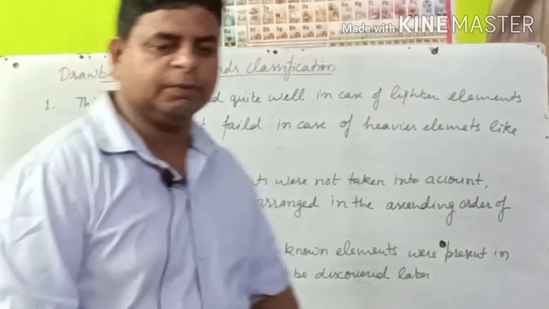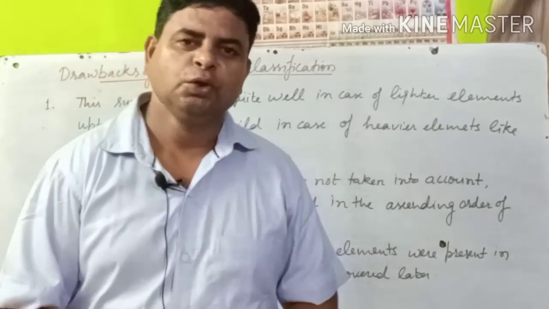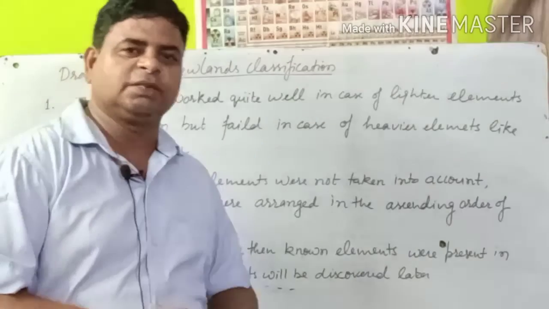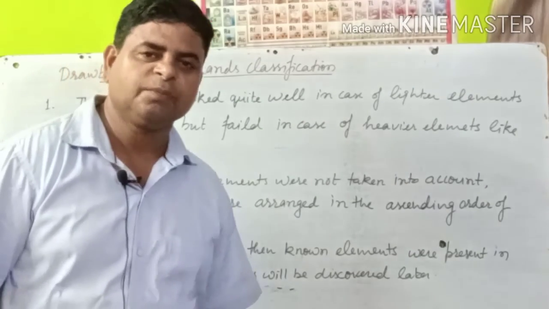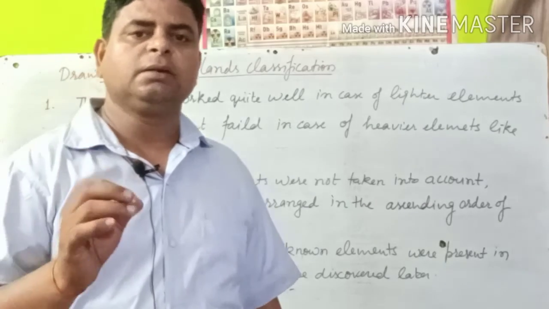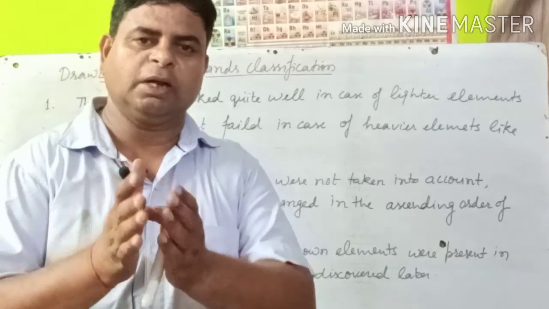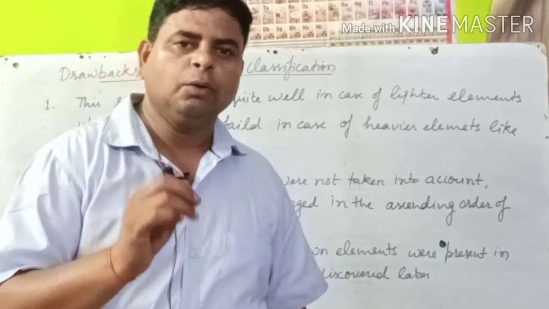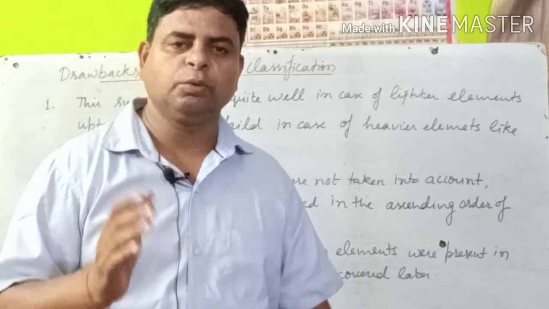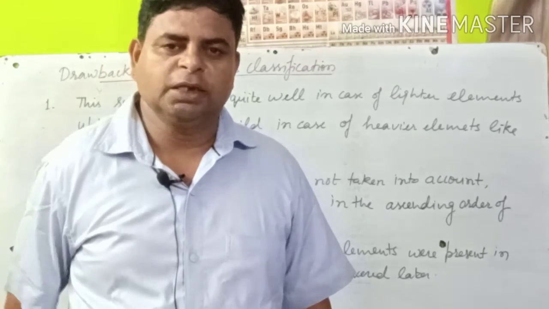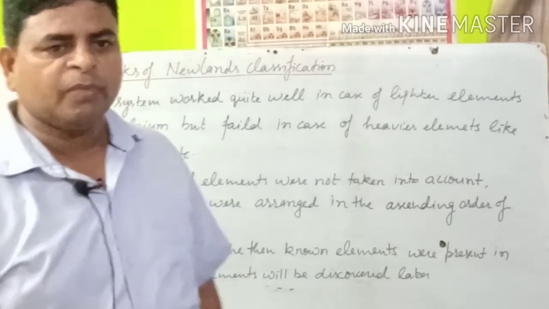At the time of Newland, only 56 elements were discovered. So he thought that only 56 elements were present in nature. Another drawback, he arranged two elements at a particular place whose properties are not the same, means two elements are grouped together. In this way, the classification did not work for a long time.